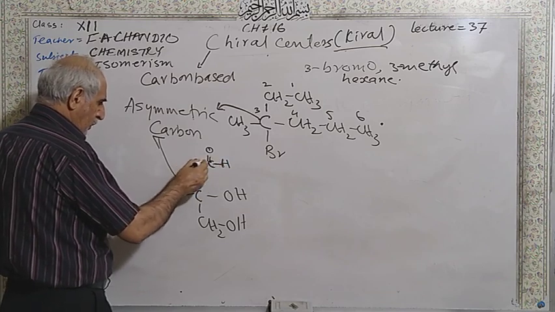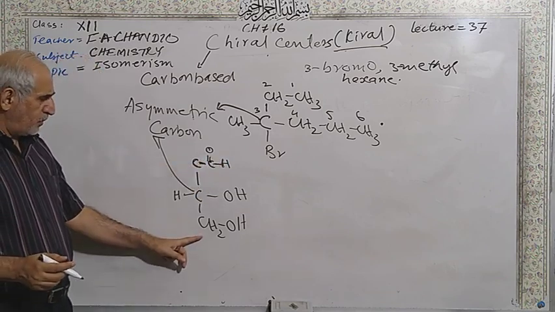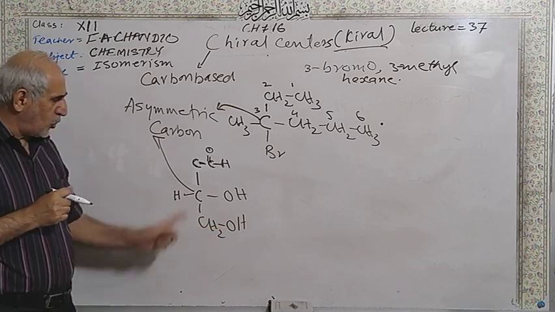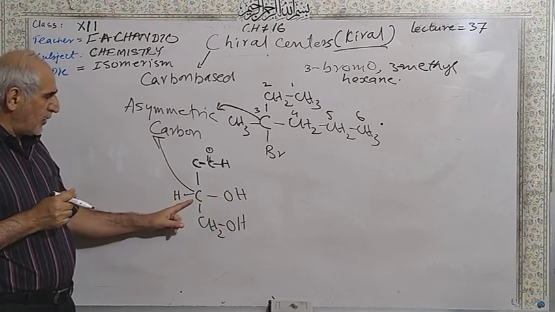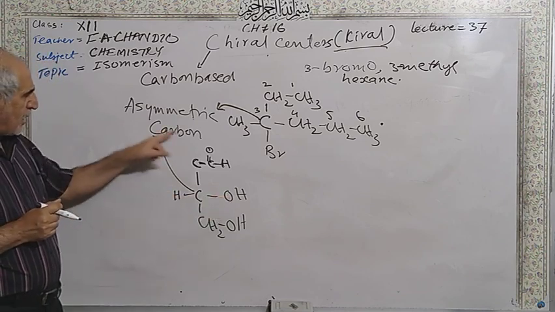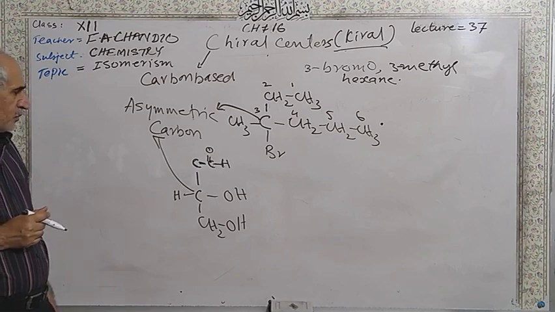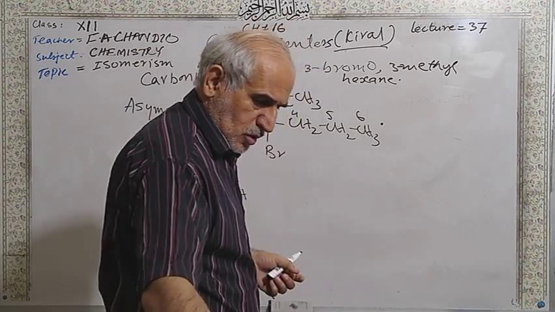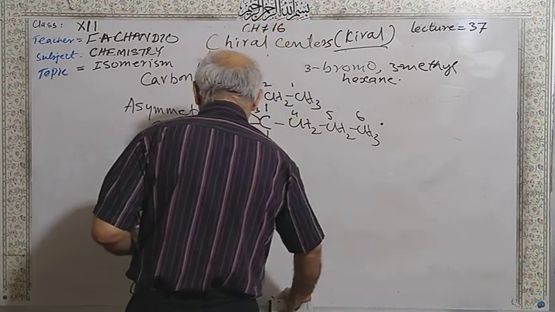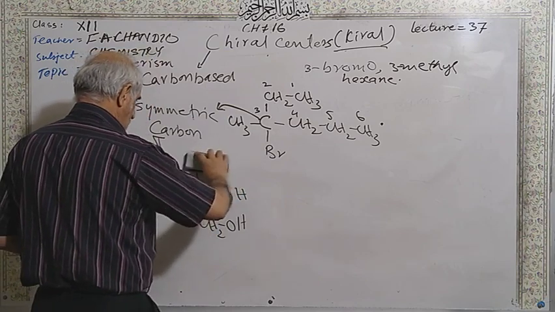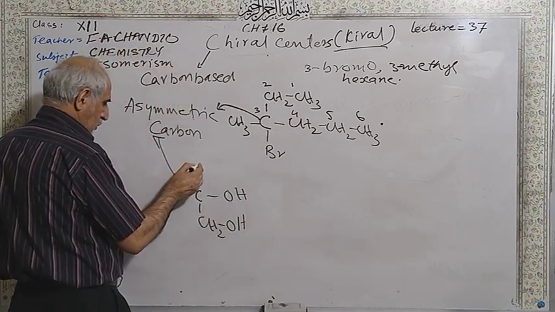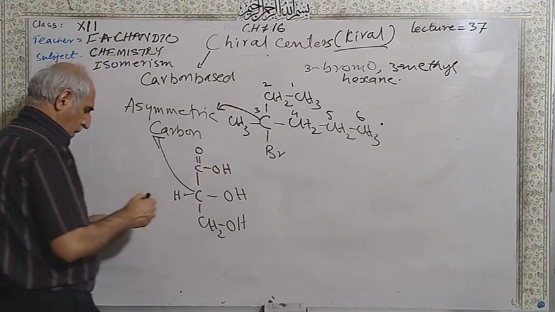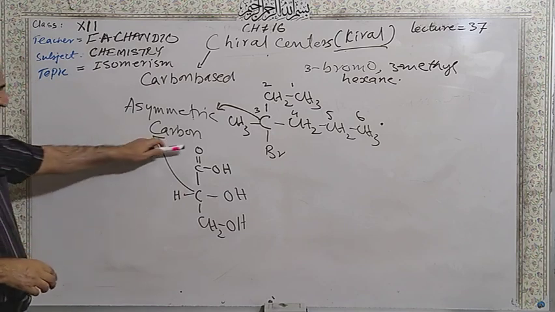Down, the alcohol group, CH2OH. First there is a carbon atom and then the functional group. This OH is directly attached to this carbon, on the right side, left side hydrogen. So this carbon is again asymmetric.